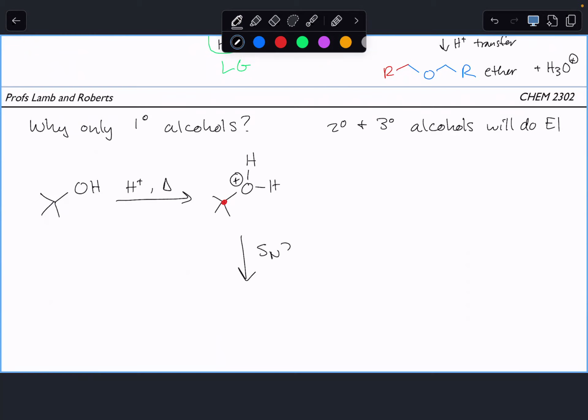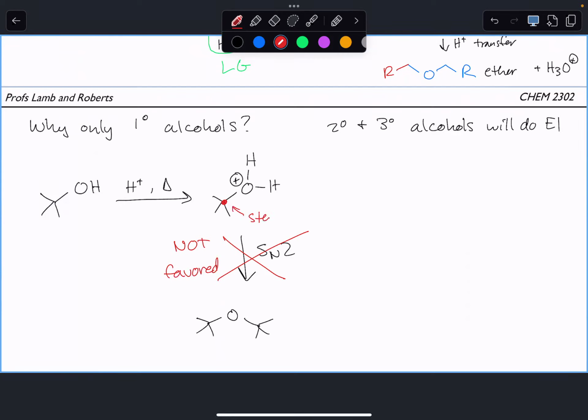So this reaction is supposed to be an SN2 reaction, and it would give you an ether that looks like this, but this is not going to happen. This is not favored because this is sterically hindered. So you don't make this product. SN2 is very slow, so we say that this is disfavored.